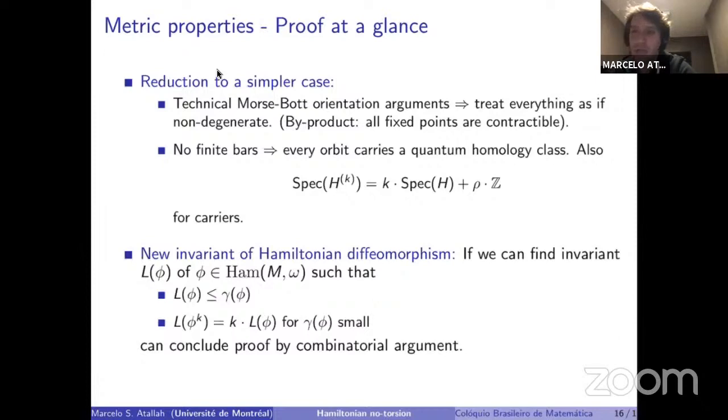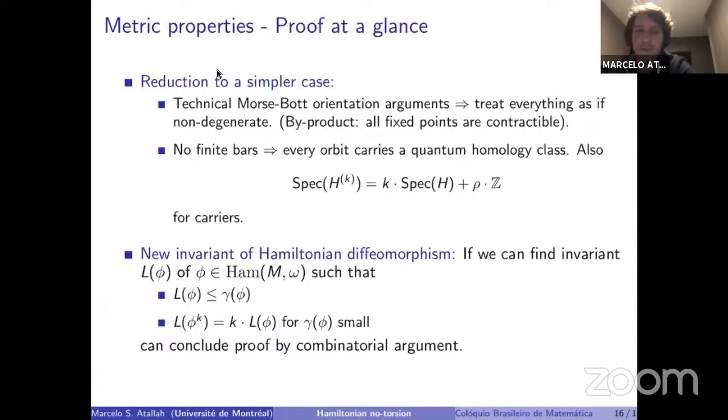So this allows us to use this formula here relating the spectrum of an iteration of a Hamiltonian function to that of itself for the subset of the spectrum given precisely by these carriers. We're going to come back to this, so we'll keep this formula in mind.